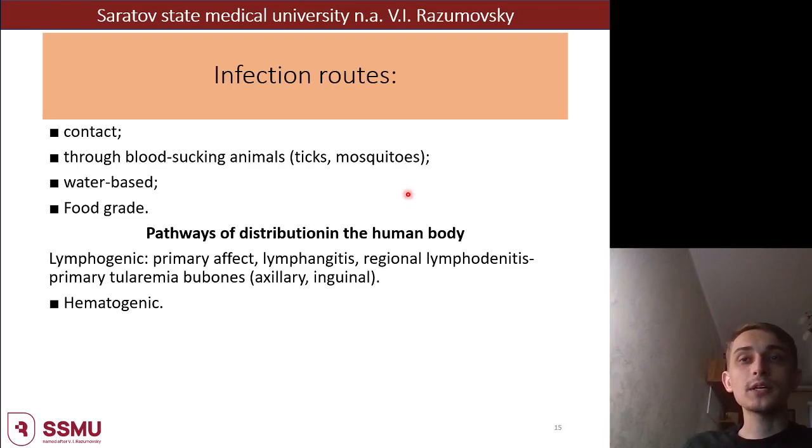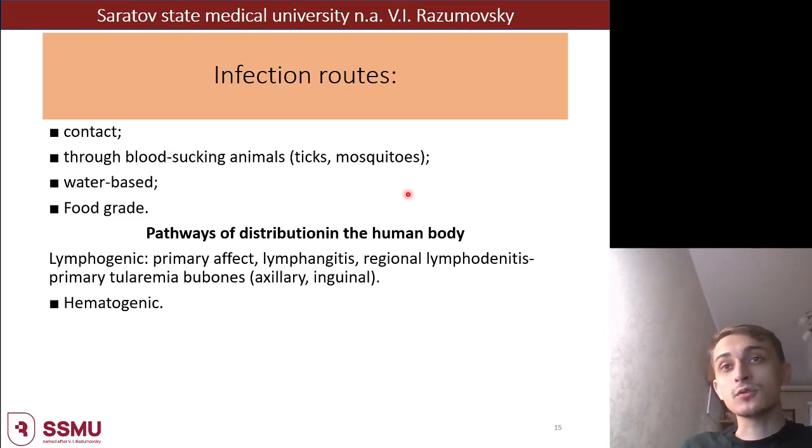The lymphogenic way is associated with primary affect, lymphangitis, regional lymphadenitis, and primary tularemia bubos, which may localize in the axillary and inguinal areas. The hematogenic way of dissemination is associated with formation of sepsis or bacteremia, and we may see foci of tularemia in any internal organs.